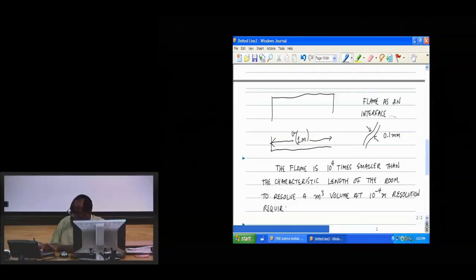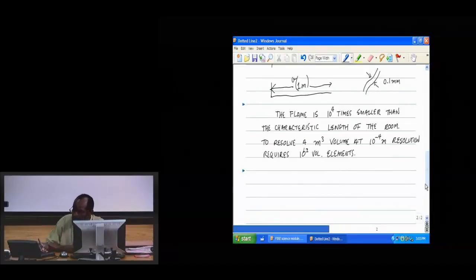Well, that's not happening, okay? So this requires modeling. So this suggests that we don't model the flame or don't resolve the flame, but we model the impact or the effect of it.